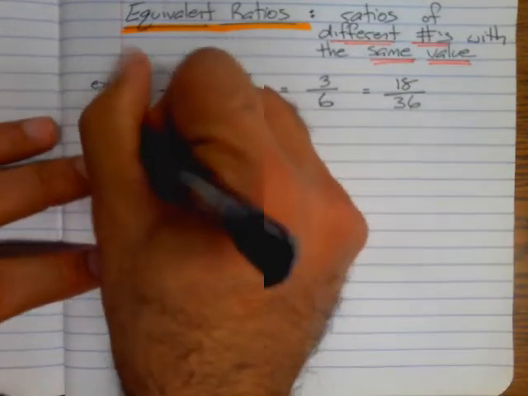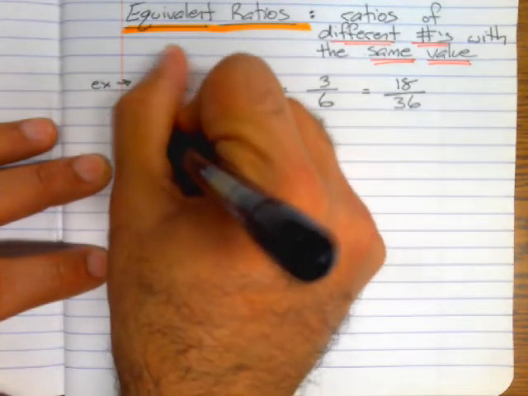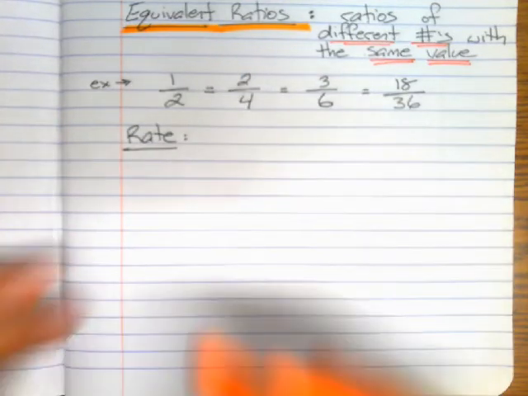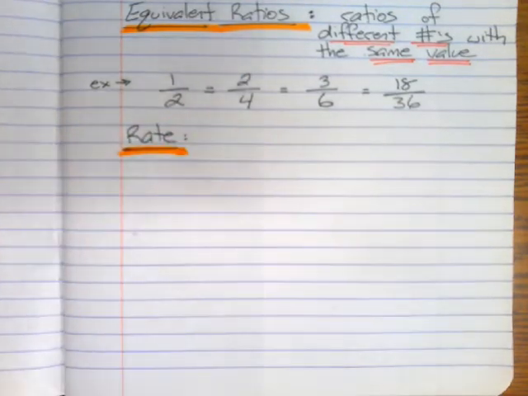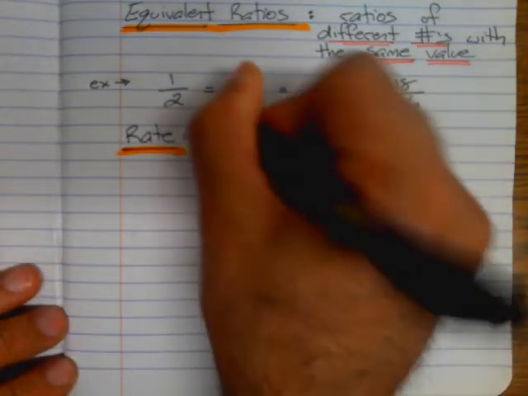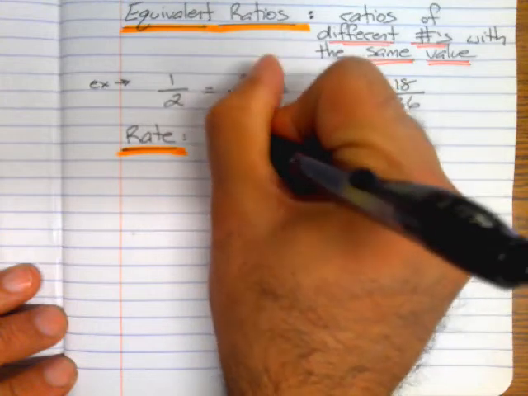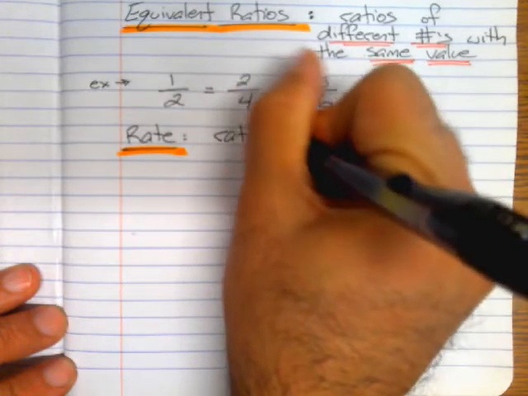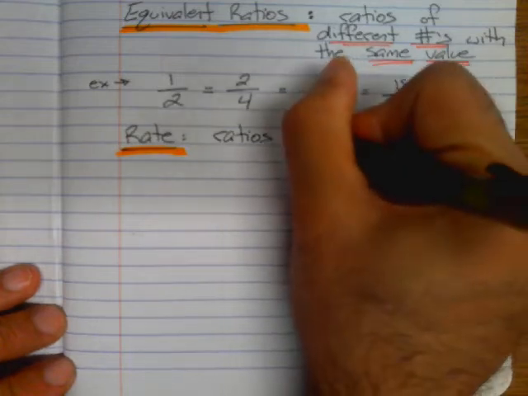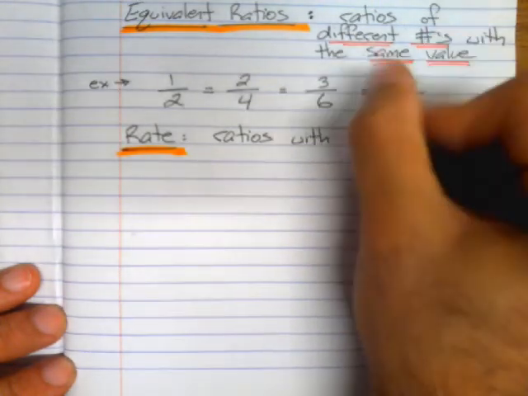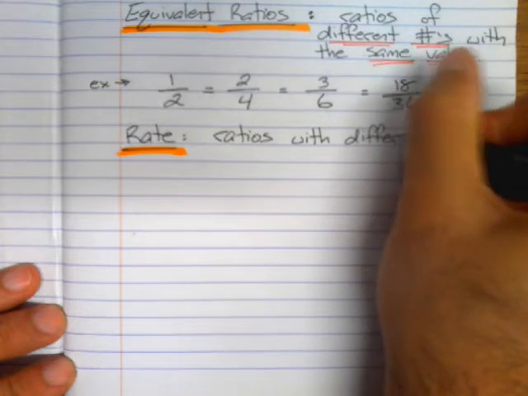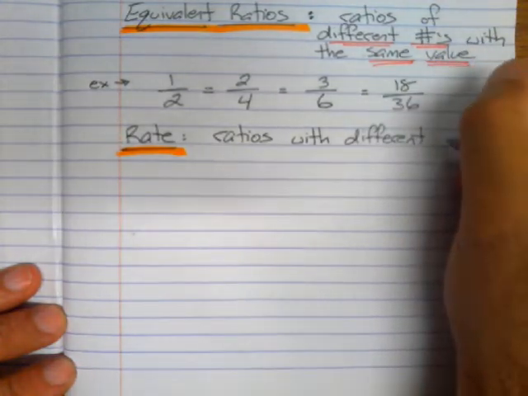A rate. Rates are nothing more than ratios or fractions, but they're ratios with different units.